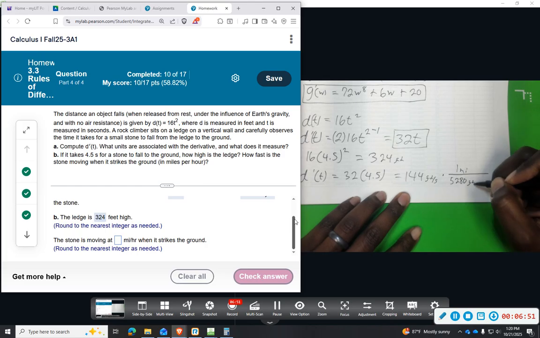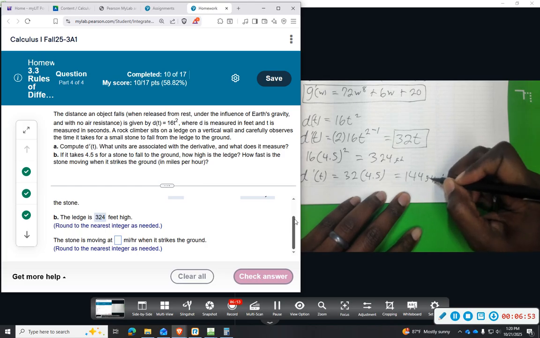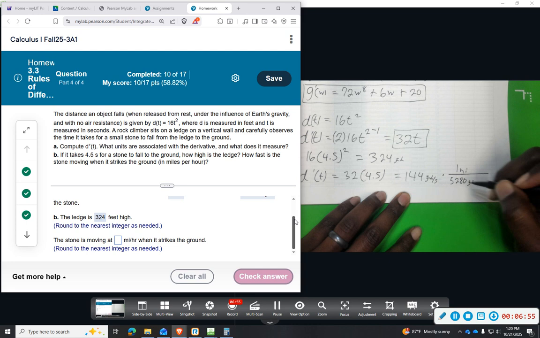I want to put my feet on the bottom. That'll cancel out feet and make it miles. And then in an hour there are 3,600 seconds. That's 60 seconds in a minute times 60 minutes in an hour. I want seconds on top because that's going to cancel out.